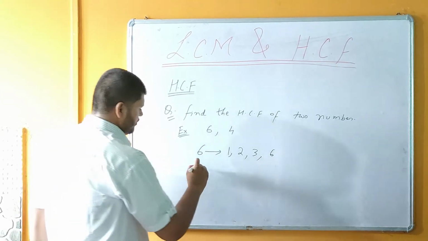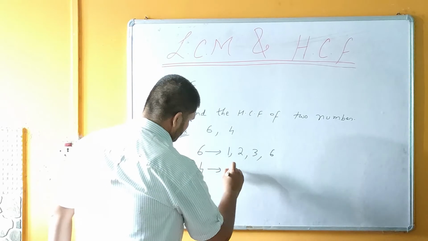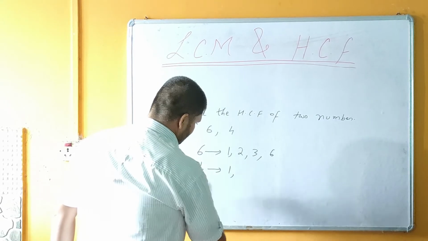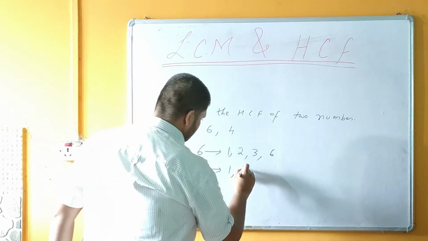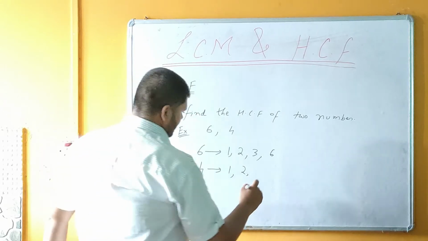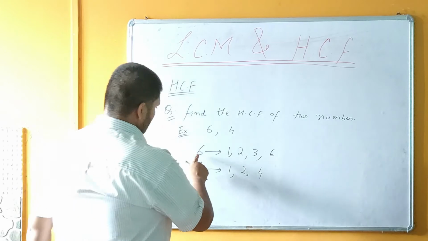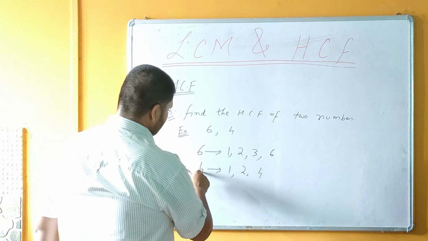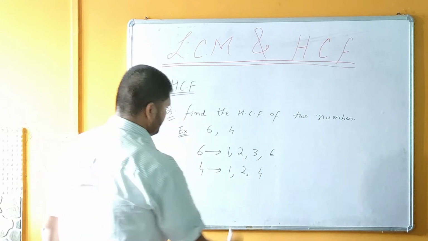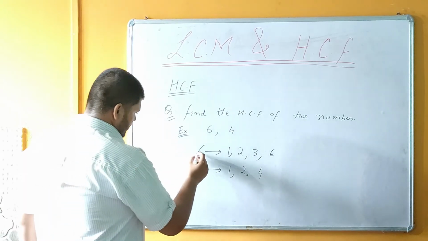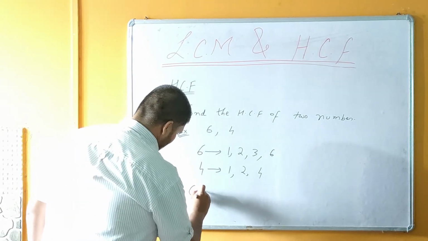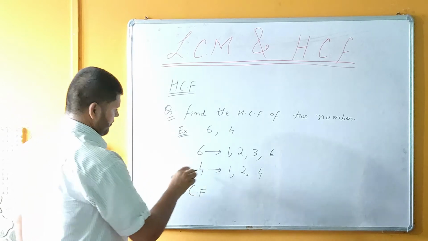Now talking about 4, 1 will be the factor for 4, 2 will be the factor for 4, 4 will be the factor for 4. So we have found the different factors here, you can see. Now we will find the common factor between these two numbers.